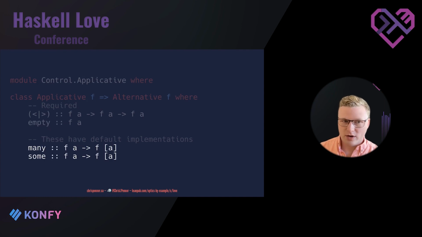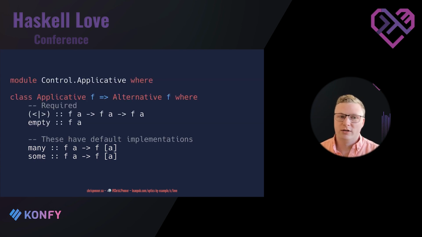We also have these two down at the bottom here, many and some. These actually have default implementations built into the type class, so you don't need to define them when you're making an instance. They will have correct default implementations, but they are part of the type class in case your particular type has more efficient versions of these that it might want to provide. Cool. So that's the whole type class.